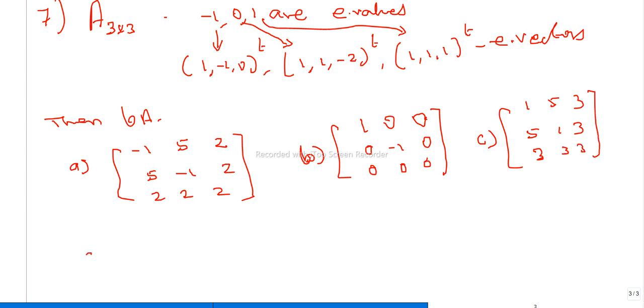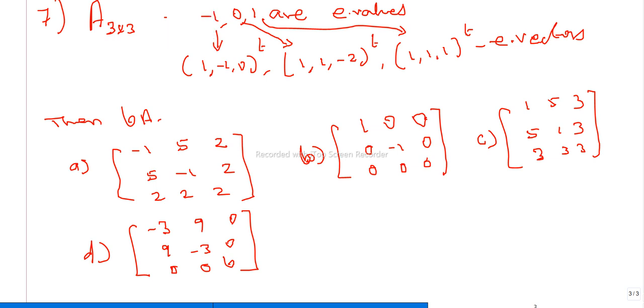The last option is minus 3 9 0, 9 minus 3 0, 0 0 6. So what is 6A?